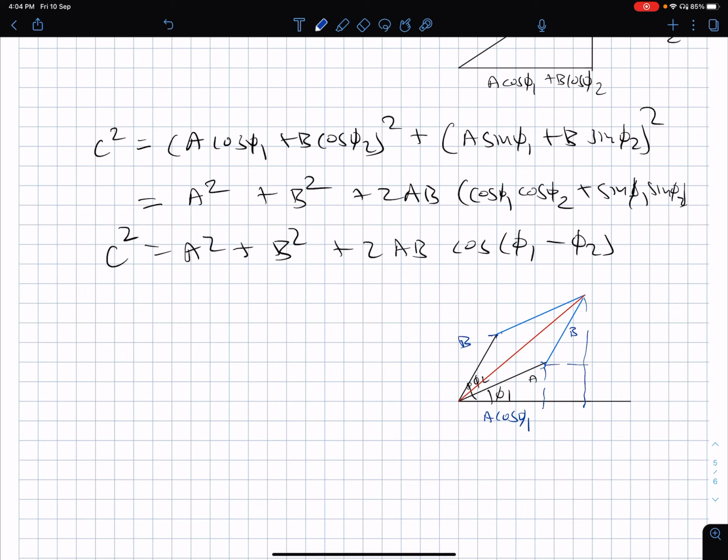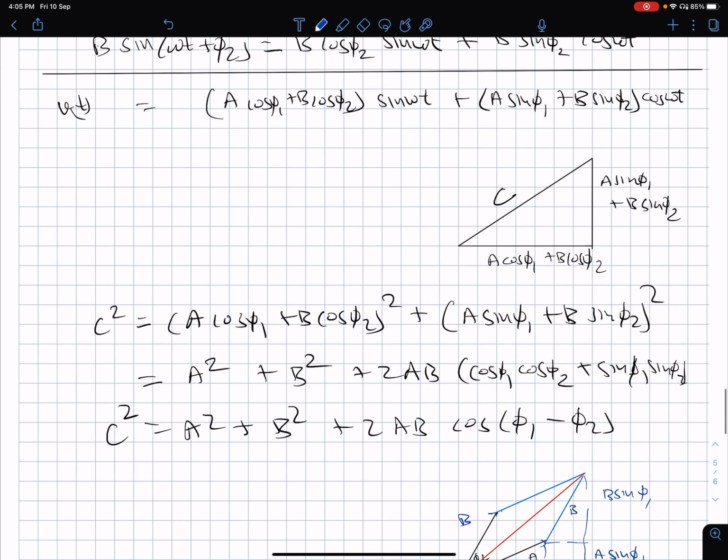Same as this projection, which is B cos phi 2. So from here to here I have A cos phi 1 plus B cos phi 2, and this term here is A sin phi 1. And this vertical projection is the same as here, so you have B sin phi 2.